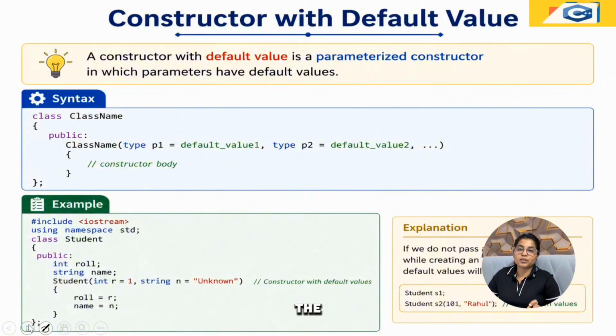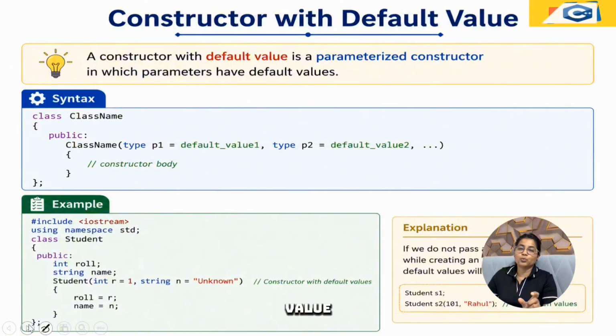First, we will see the definition. A constructor with default value is nothing but a parameterized constructor, which we have seen in the last video. Parameterized constructor is nothing but a constructor in which we pass parameters and arguments, right?